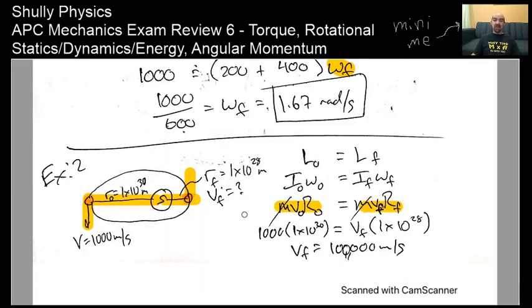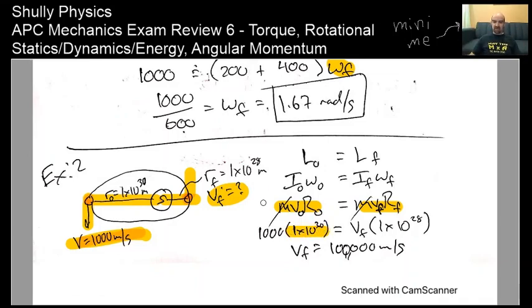What we can get out of this is the near velocity of the planet in its elliptical orbit and the far velocity of the planet in its elliptical orbit. In this case, we know the far velocity is 1,000 meters per second. So what's the near velocity? I think I'm using a radius of 1 times 10 to the 30 there.